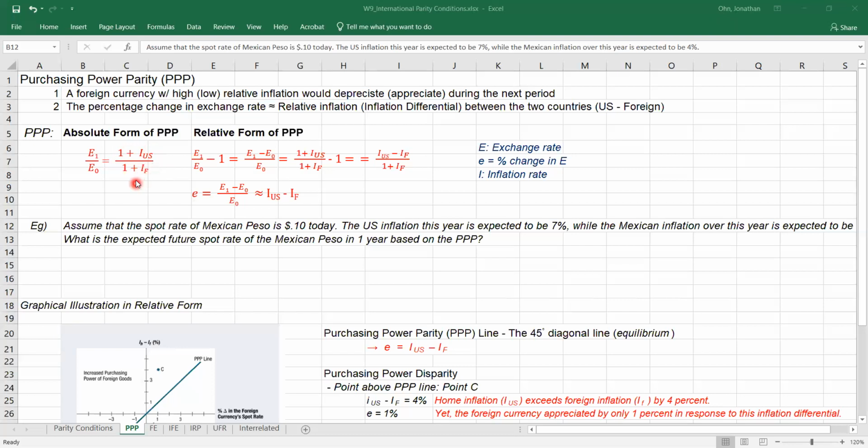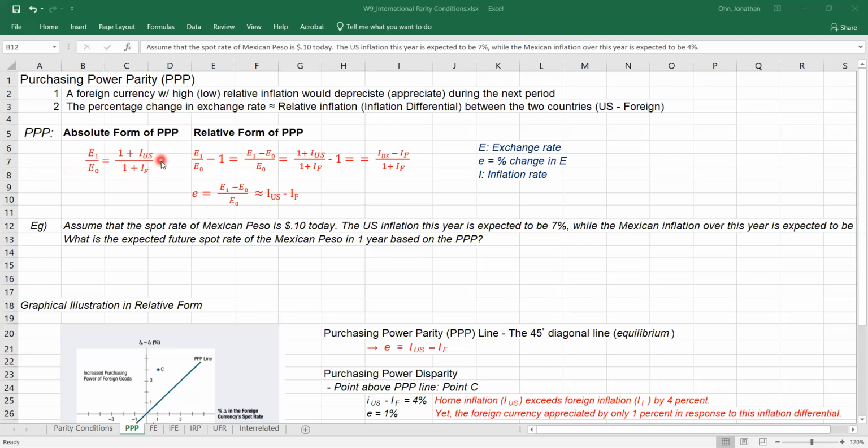So if UK inflation is high, this ratio is less than 1, meaning E1 should depreciate. That is consistent with this story. If inflation is low in the UK, then the whole thing is higher than 1, meaning E1 should appreciate.